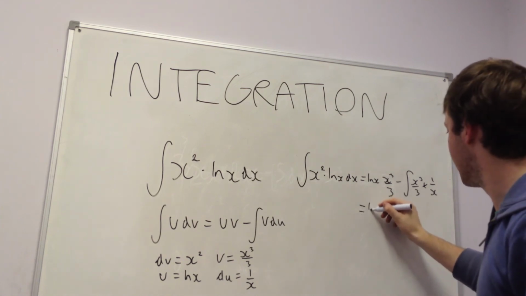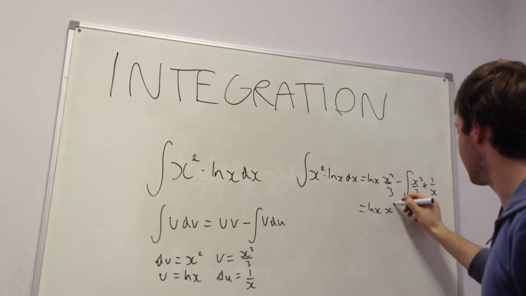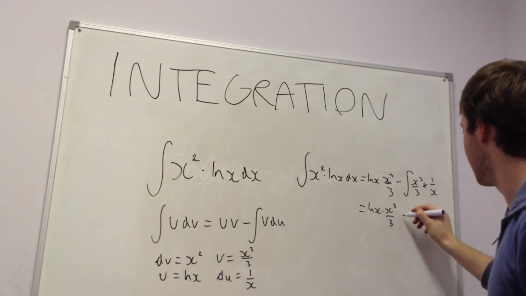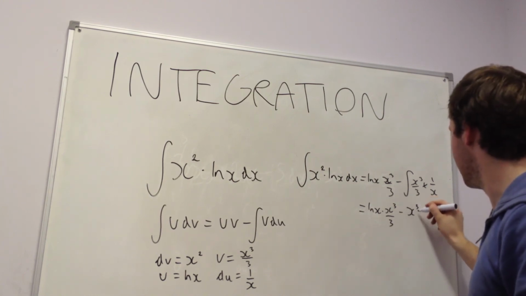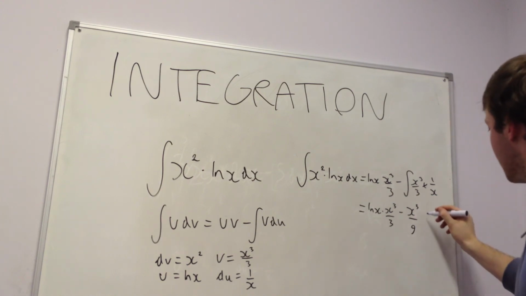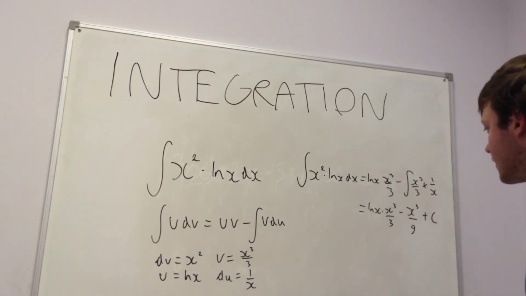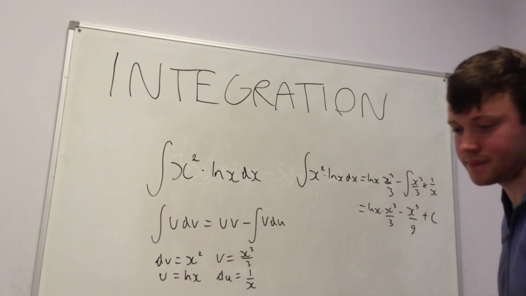And that can be simplified to ln x times x cubed over 3 minus x cubed over 9. We need to insert the plus c as well.